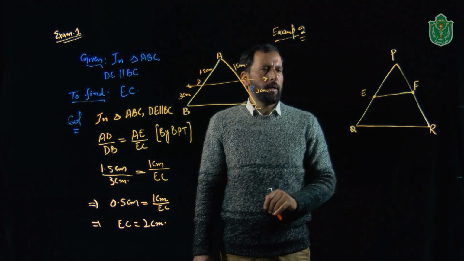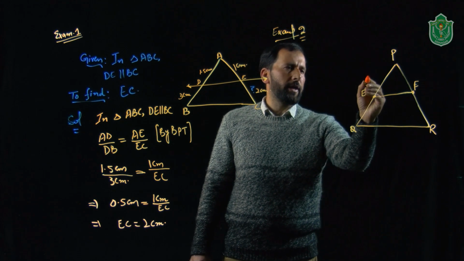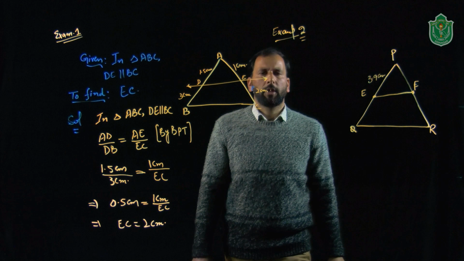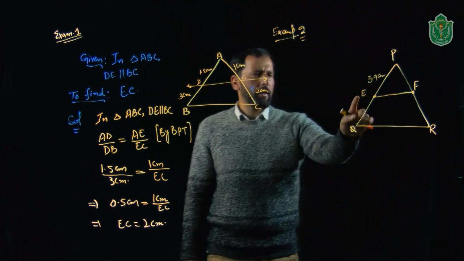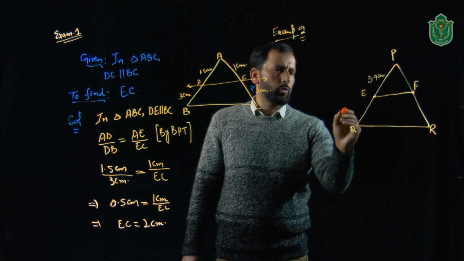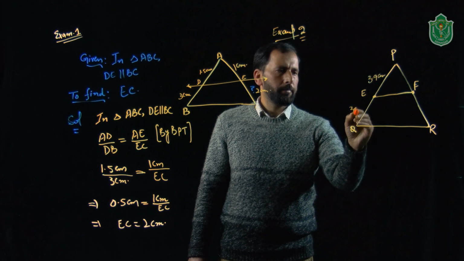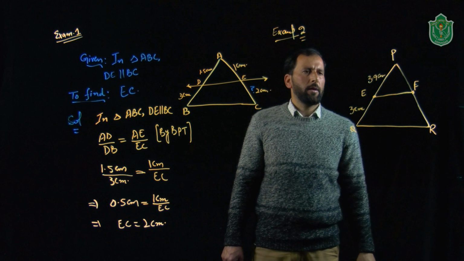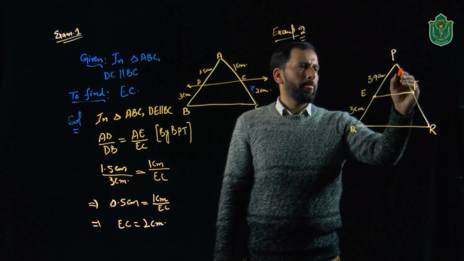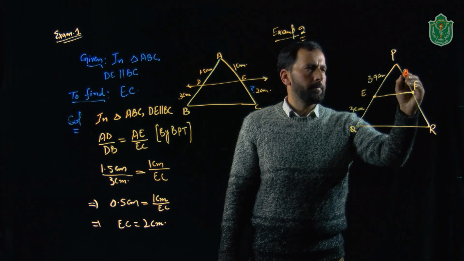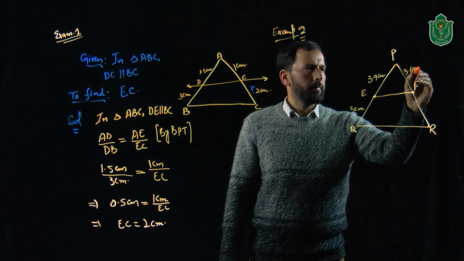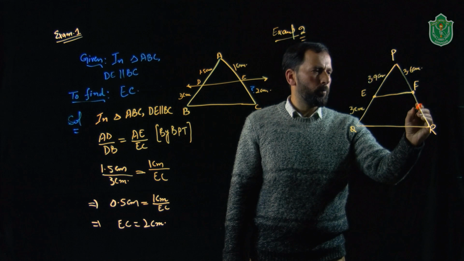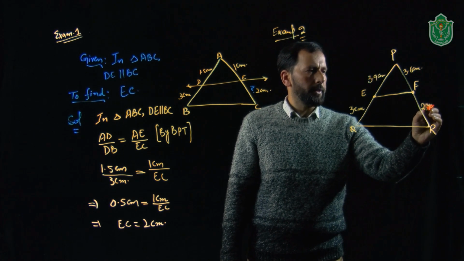If PE is 3.9 centimeter, and EQ is equal to 3 centimeter, then again PF is given, it is 3.6 centimeter. Then another segment, that is FR, equals 2.4 centimeter.